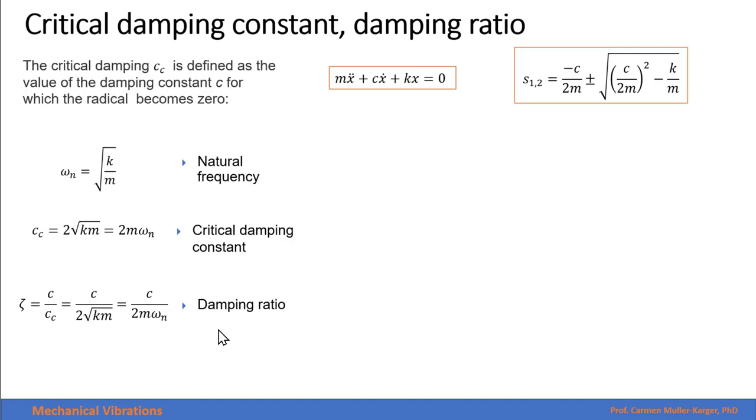The damping ratio will be the constant of the damper of the system divided by this critical damping. So it will be c divided by 2 square root of km, or c divided by 2m omega n. The damping ratio is a dimensionless coefficient that relates the constant of the damper, the constant of the spring, and the mass.